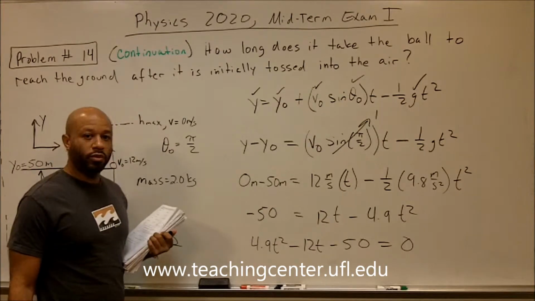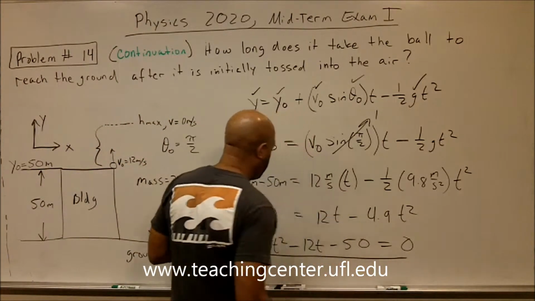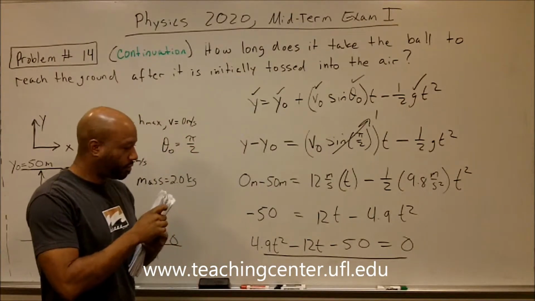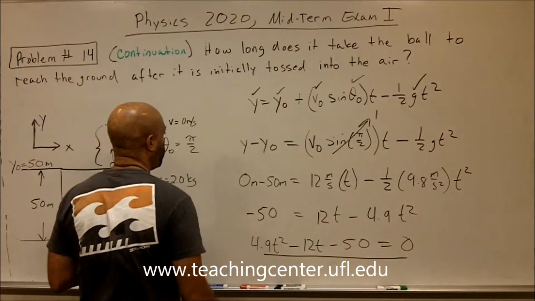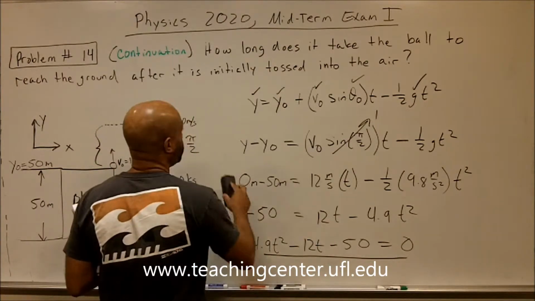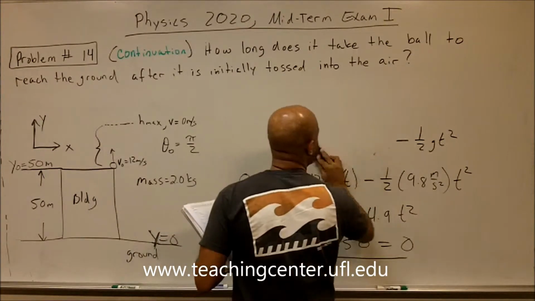All right, and so what we've got here is basically a quadratic equation. And the way that we're going to solve this quadratic equation is, let's erase here to get some more room.